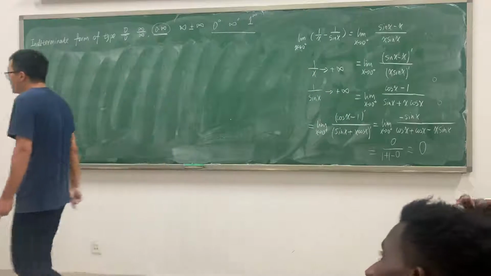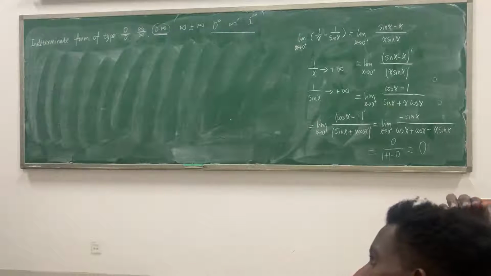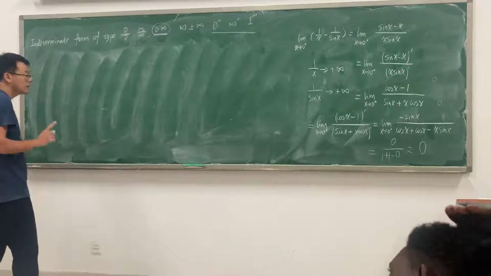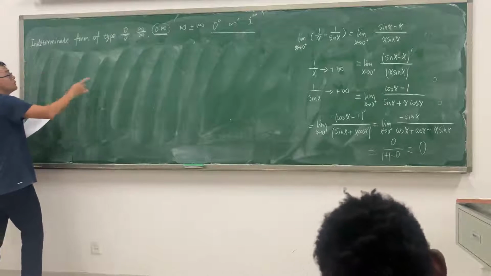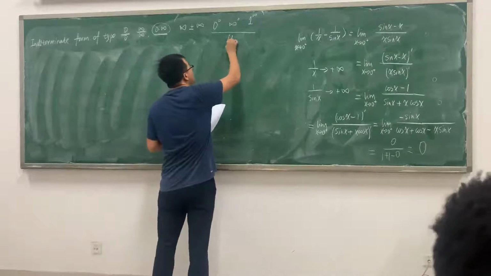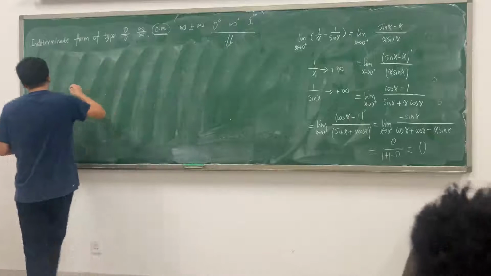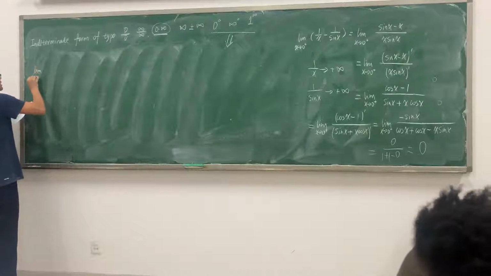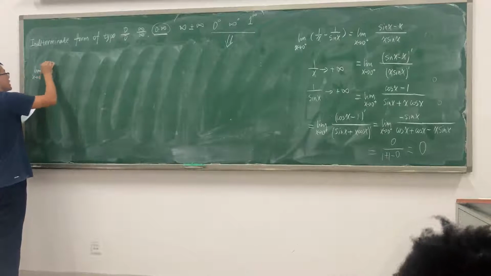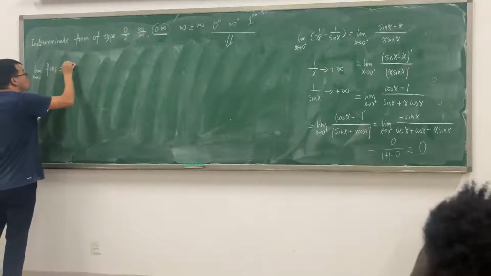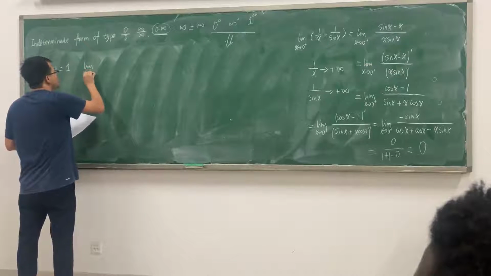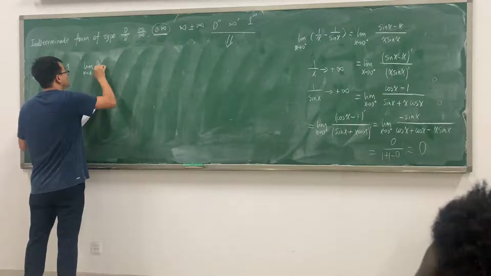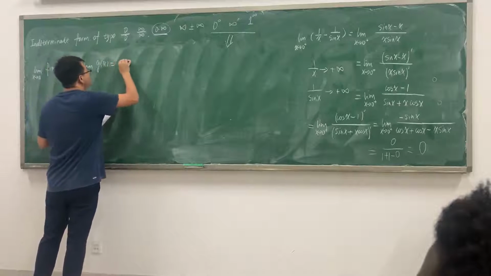What's the same method? You take the ln. For example, for these 3 forms, this means the limit as x approaches a of f(x) equals 1, and the limit as x approaches a of g(x) approaches infinity.